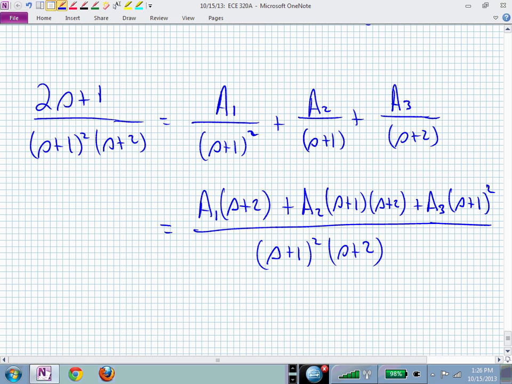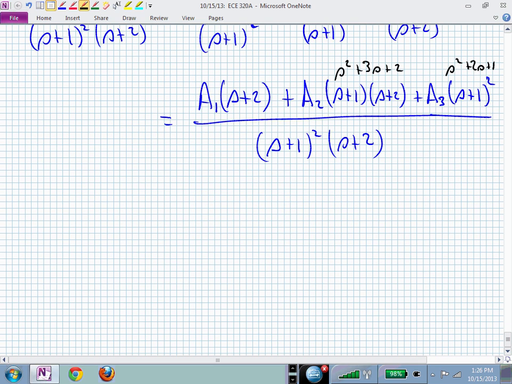And now we can simply multiply these out. We have s squared plus 3s plus 2, and we have s squared plus 2s plus 1. And if we multiply all of that out and collect the coefficients of the similar powers of s, we end up with (a sub 2 plus a sub 3) s squared. Because a1 is not scaled by an s squared, is it? Plus, now which ones scale s?